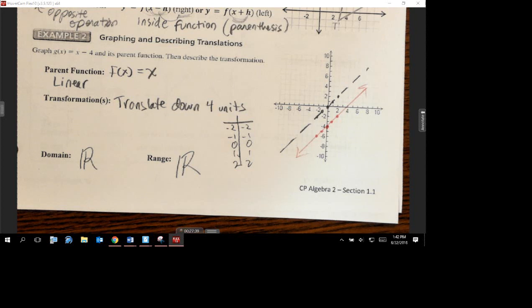But when we talk about range, we're only looking at the y values. So let's just look at our y values: 2.2, 2.2, 1, 0. None of them go below 0. But if I kept going, which I'm not going to, all would be above or equal to 0.